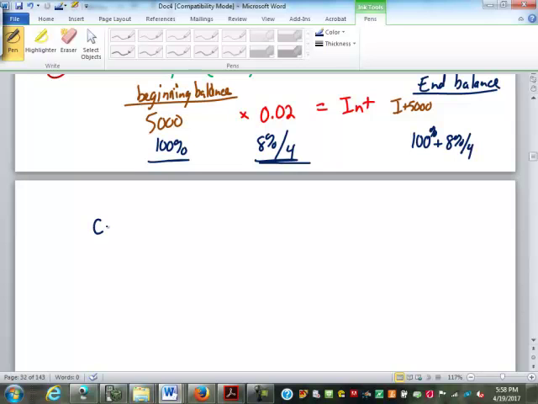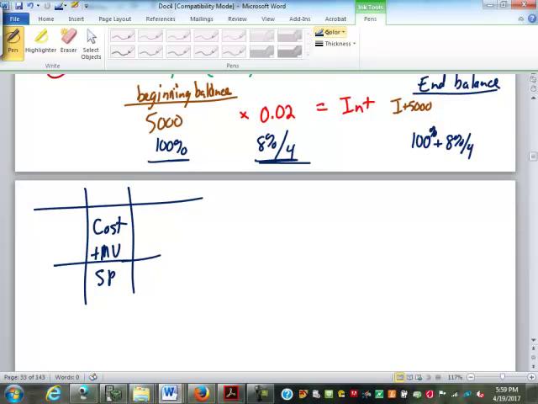One of the most resounding examples would be markup. The cost plus markup equals selling price. And if it was a percent markup on cost, you had 100% as the cost. You had a 20% markup. That means the selling price was 120%. Yeah? Vaguely? It's been a while. Oh no, we'll keep going either way.